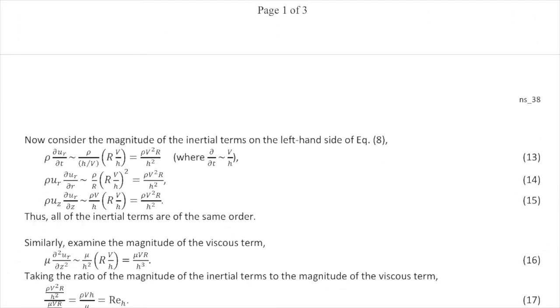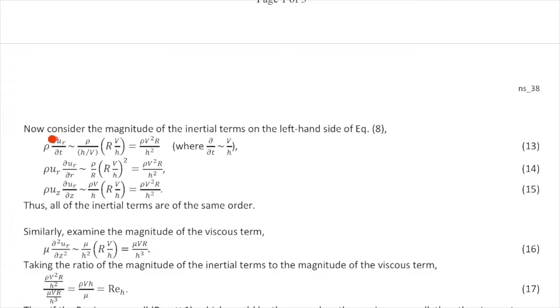So this is what they look like when I expand it. Here's that first unsteady term. Now in this one, I have a d/dt derivative. The characteristic magnitude of that would be like the velocity over H. This just tells me how fast things are changing with time. Just kind of rough order of magnitude. It's just the downward velocity divided by the gap height. Those are the characteristic dimensions here.